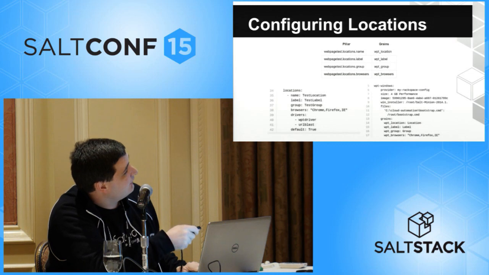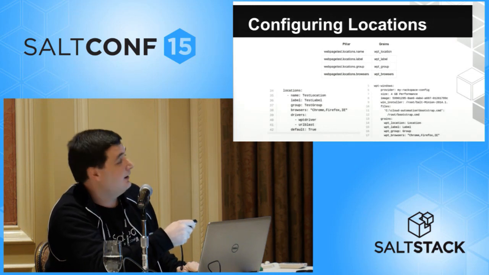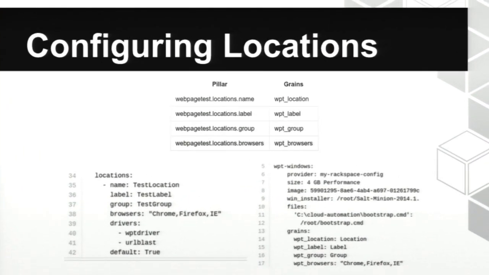So in pillar, that list that we talked about earlier, I define this group right here for each location that should be possible to be tested from this box. And then I match that pillar location to the grain location over here, so location, label, group, browsers, to the grain data that I'm defining in my Salt Cloud profiles.